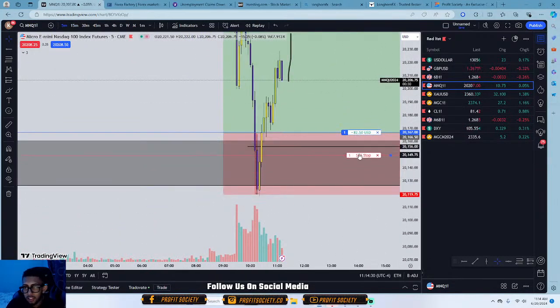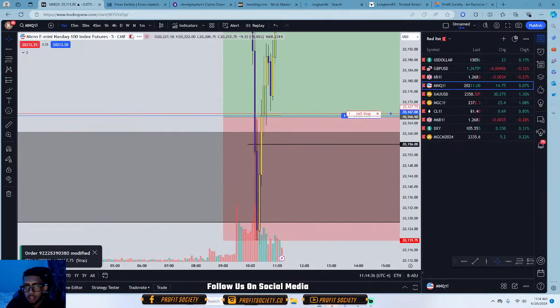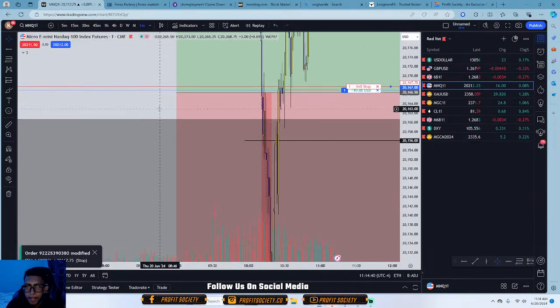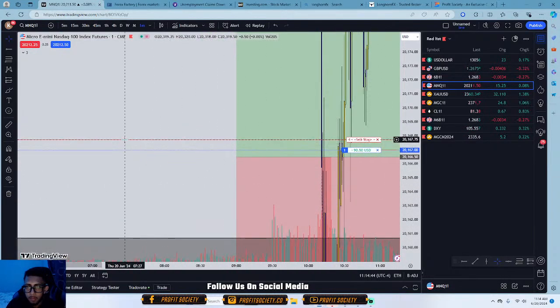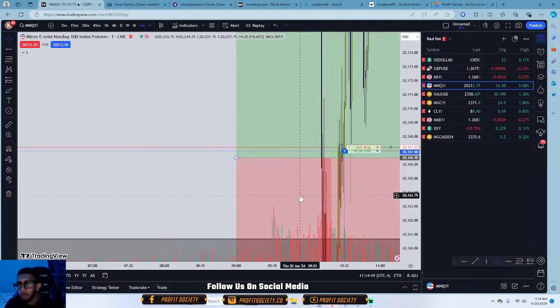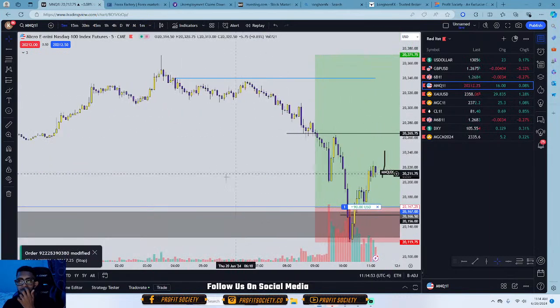I'm gonna move my stop up to break even. Modify order. 1 minute chart. Looks good. Looks good. Let me move my stop loss down a little bit more. So my stop loss is pretty much right here at my entry.